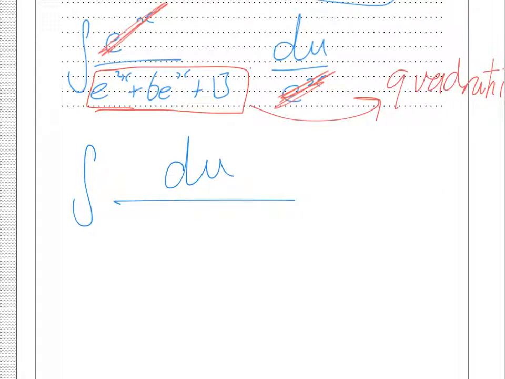If you complete the square, something handy will happen, and this is why they've picked e to the x plus 3. You get e to the x plus 3 squared. That gives you your e to the 2x from e to the x squared, plus 2 lots of 3e to the x. It also gives you a 9 that we don't want. We want the 13, so that's plus 4.